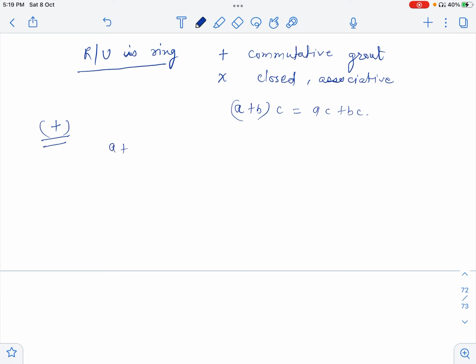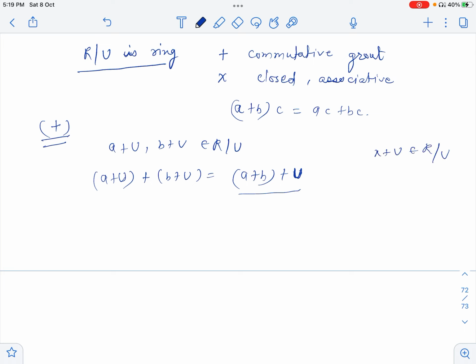So let us assume that a plus U and b plus U are elements of R mod U. So (a plus U) plus (b plus U) is equal to a plus b plus U. From the first composition we have defined it like this, and this element is of the form x plus U of R mod U. That means this belongs to R mod U. That means under plus, it is closed.